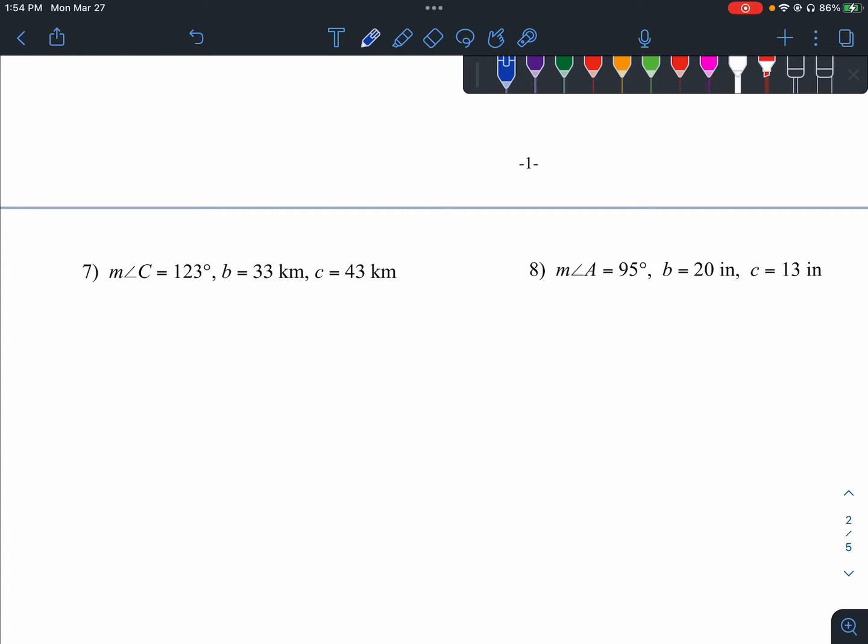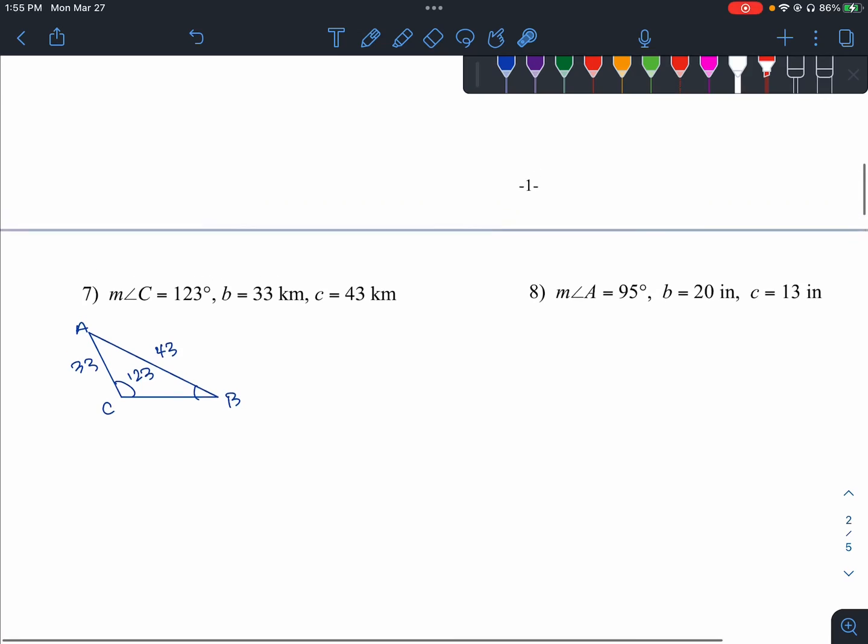The angle given to you is obtuse, so we'll say this is 123 right here. We have this angle as 43 because that's angle C. We'll call this B, we'll call this A. So we don't know anything about A, but we know side B is going to be 33. So this looks like it's a side, side, and an angle.